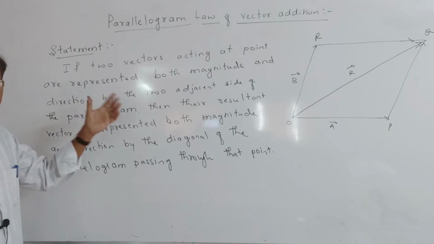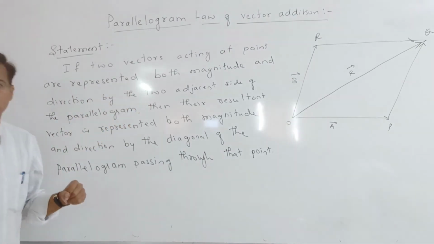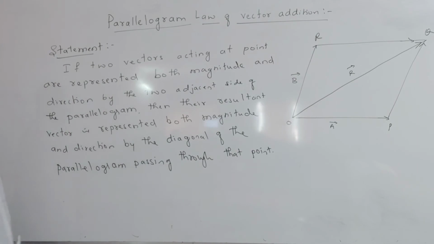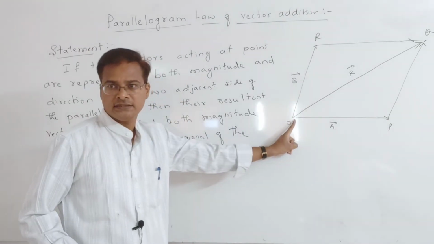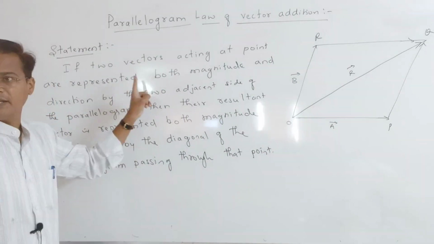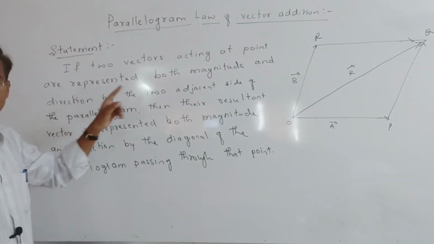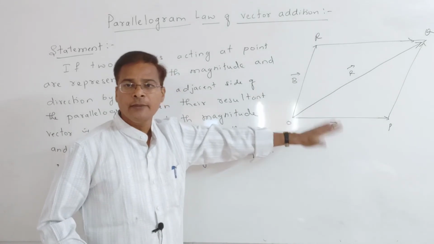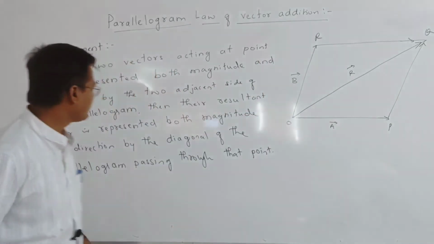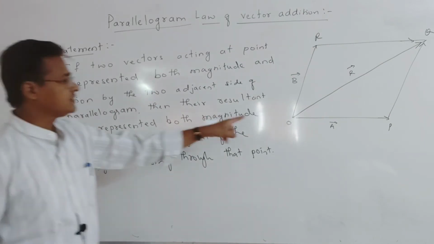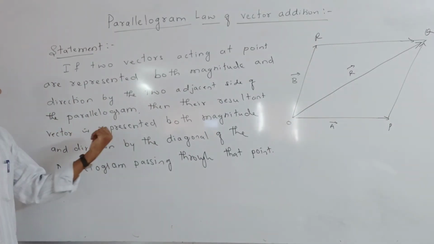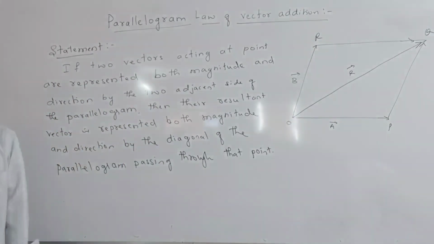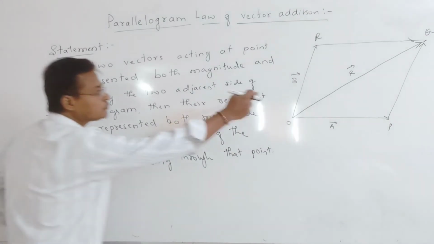If two vectors acting at a point are represented both in magnitude and direction by the two adjacent sides of the parallelogram, then the resultant is represented both in magnitude and direction by the diagonal of the parallelogram passing through that same point.